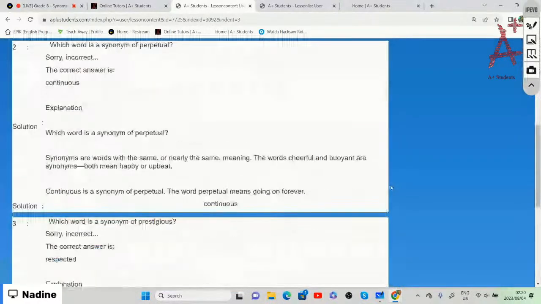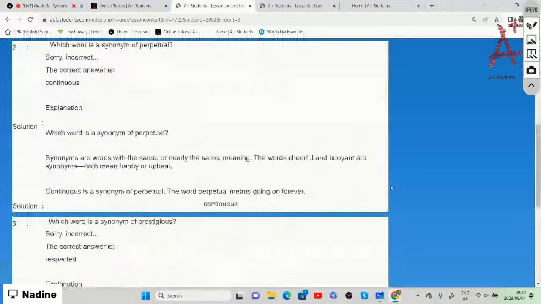All right, so now perpetual, right? The word that is a synonym of perpetual. The word perpetual means going on forever, right?